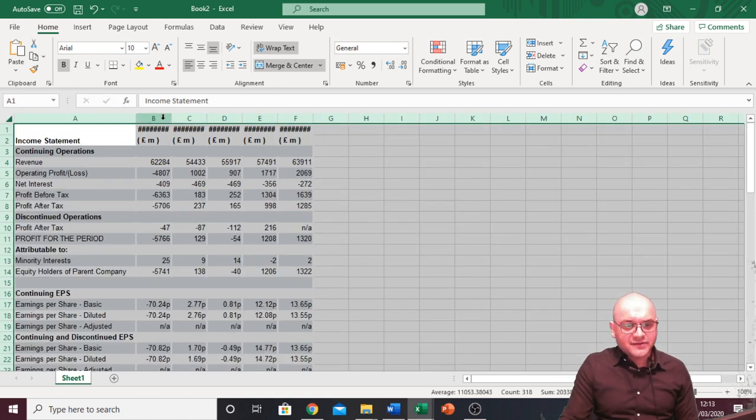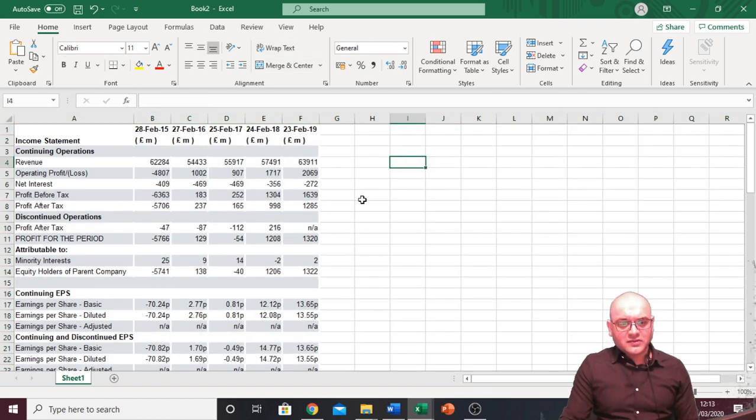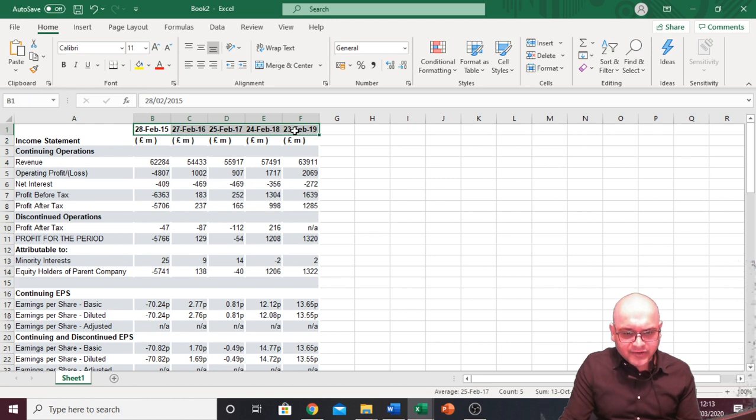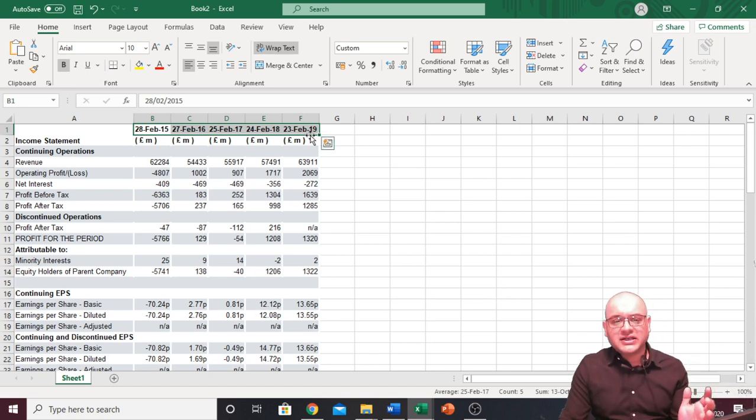Once you have done that, we have 5 years' worth of results. The only issue over here is you can see the years are in ascending order. The first column is 15, then goes up to 19. So be a bit careful.